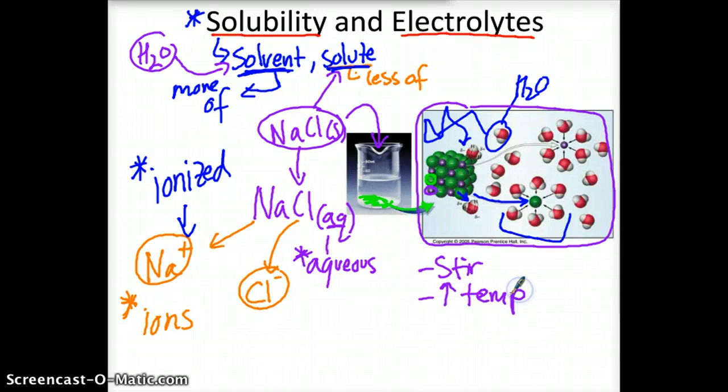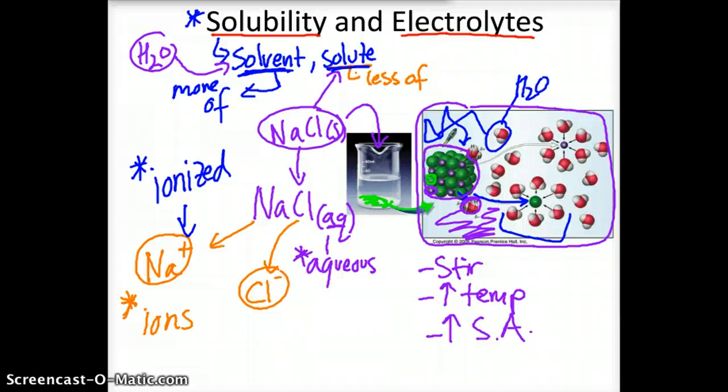If we heated up this water, these molecules now have more energy, so they're moving around faster, which means they're going to collide more frequently with the salt and dissolve it. We could also increase the surface area of the salt. By crushing the salt into a finer powder, we're making these pieces smaller so that they can be broken apart much more quickly by the water molecules.